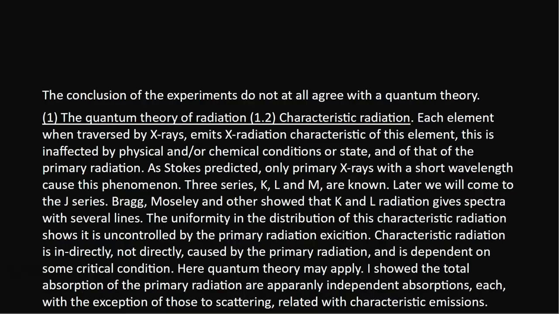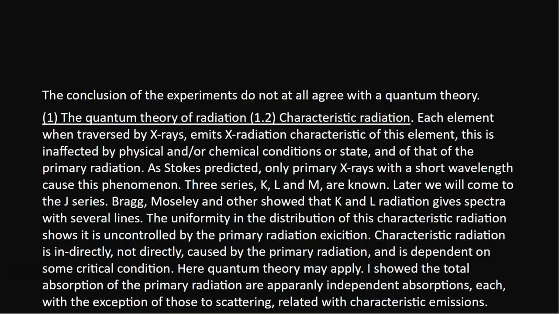Bragg, Moseley, and others showed that K and L radiation give spectra with several lines. Uniformity in the distribution of this characteristic radiation shows it is uncontrolled by primary radiation excitation. Characteristic radiation is indirectly, but not directly, caused by the primary radiation, and is dependent on some critical condition.